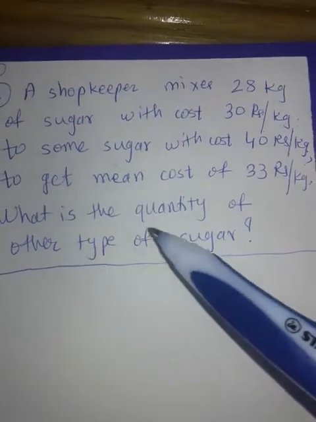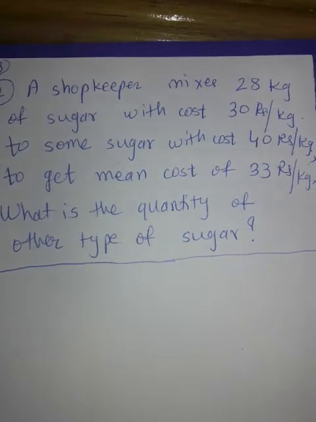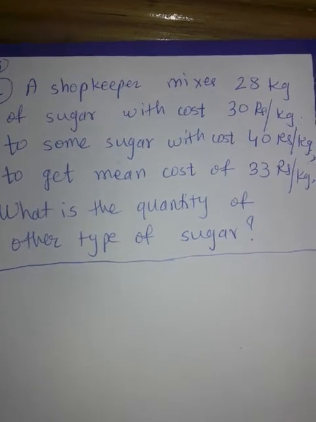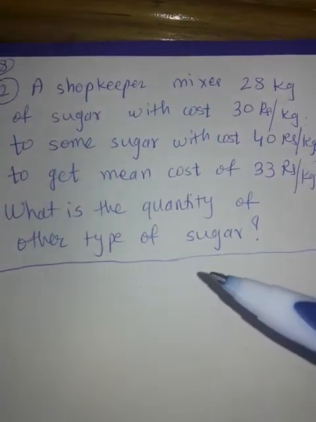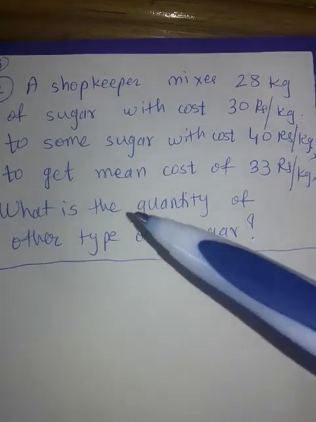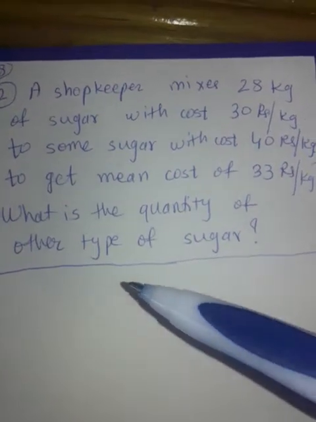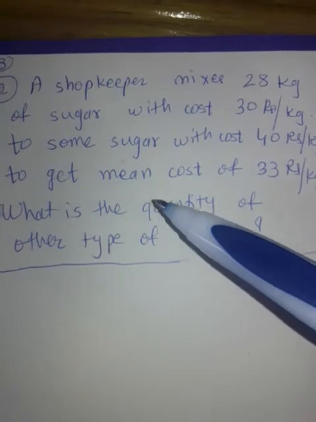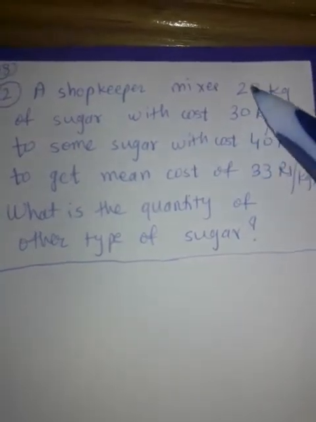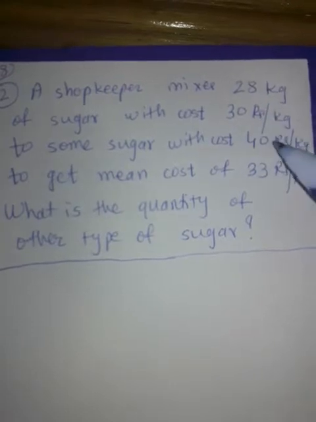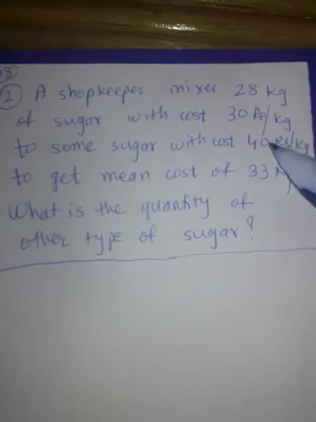Now this particular example is based on problems on averages. I have not yet covered that chapter, but this example is from that particular chapter. So it can be solved using the principle of average also. How can you solve it using the principle of average? 28 kg and cost is 30 per kg, so you can take their product. 40 rupees per kg and the quantity you can assume x, and then it becomes 40x.